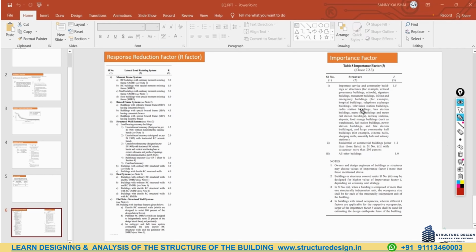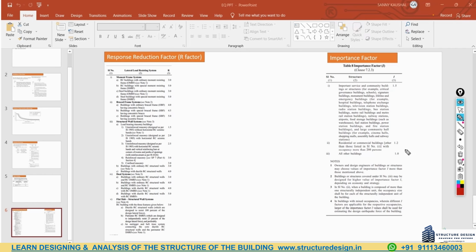For various buildings they have given the importance factor. Suppose your building is a hospital, monument, lifeline building, emergency building, telephone exchange building, television station building, or any metro type building. If you are designing that kind of structure, you have to take an importance factor of 1.5.